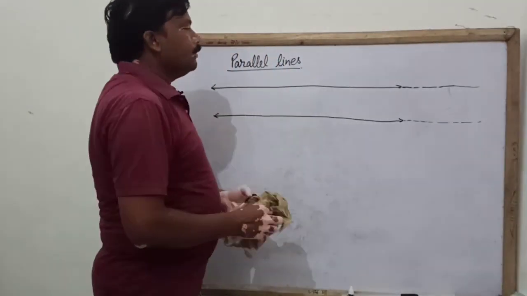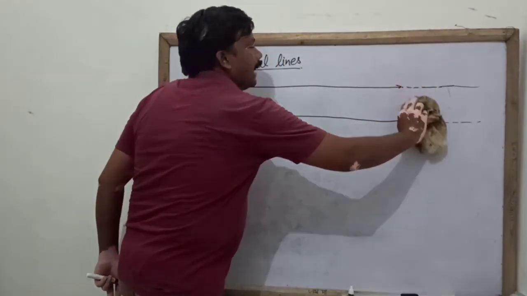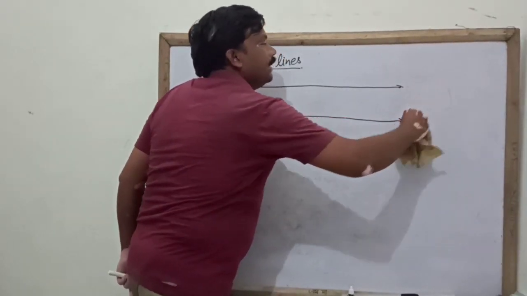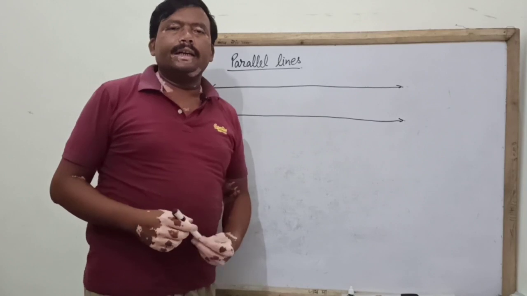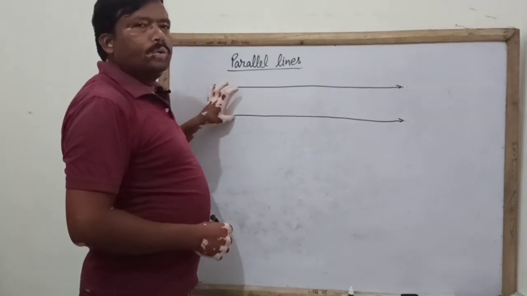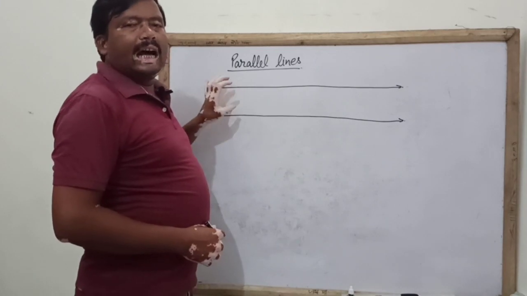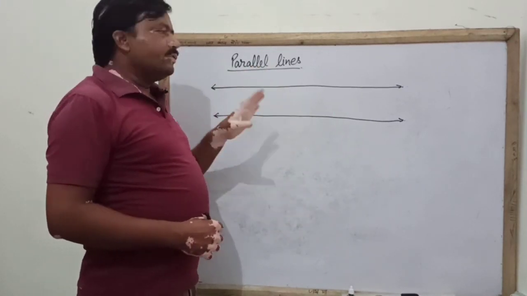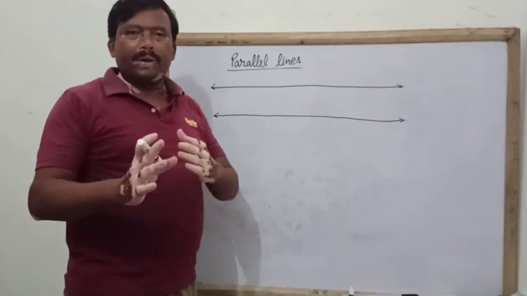Or if we want to define it in other words, we can say that if the perpendicular distance between two lines is always equal at every point, then those lines are parallel lines.